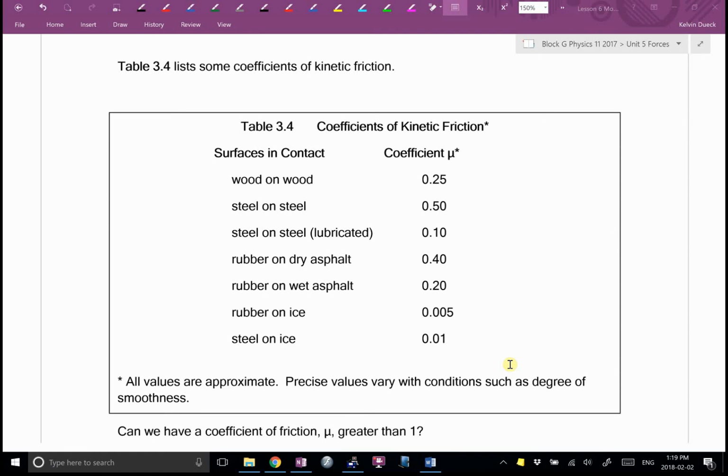Rubber on ice is even worse. Rubber on wet asphalt, rubber on dry asphalt. Actually, depending on your tires, you can get this up to about 0.75.